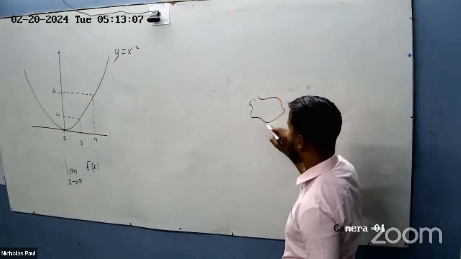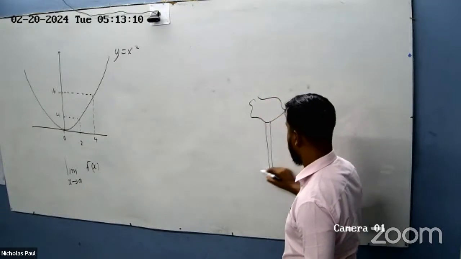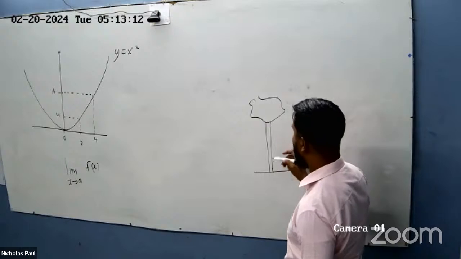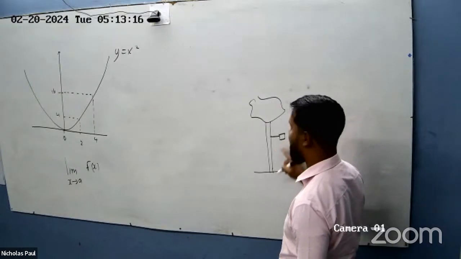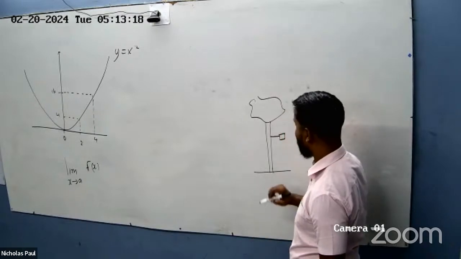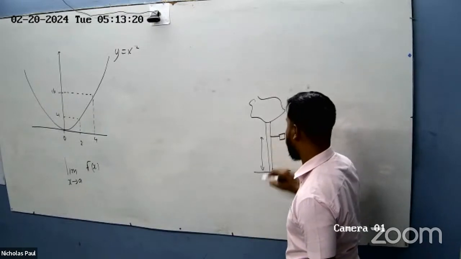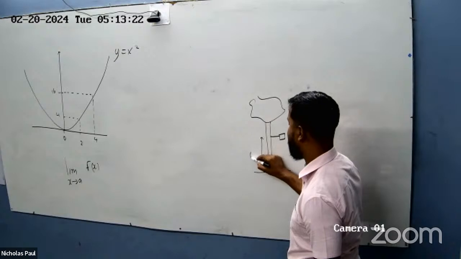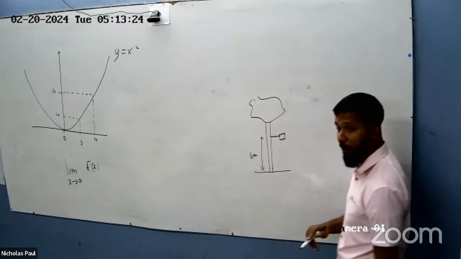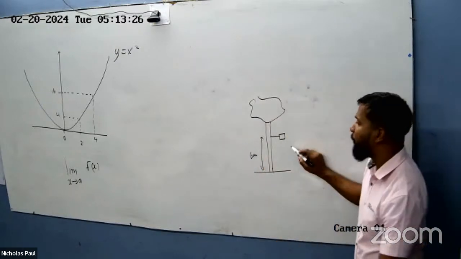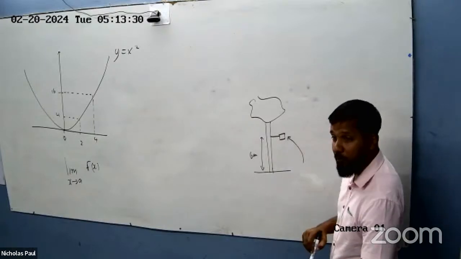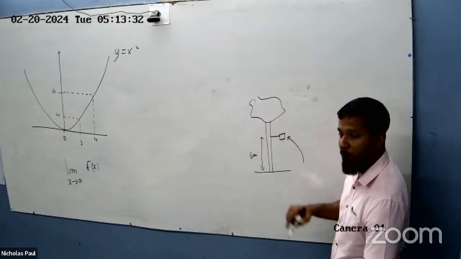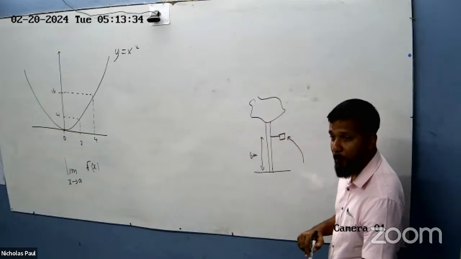Let's pretend we have a tree. There's the ground there. There's a tree, and let us say there are fruit here. Let me say the fruit is about 6 centimeters high. So as we approach this fruit here, what height are we approaching? 6.